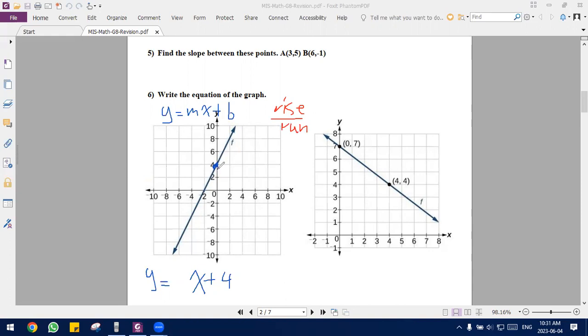So from the point of the y-intercept, let me go one step to the right, and then I go up till I find the line.